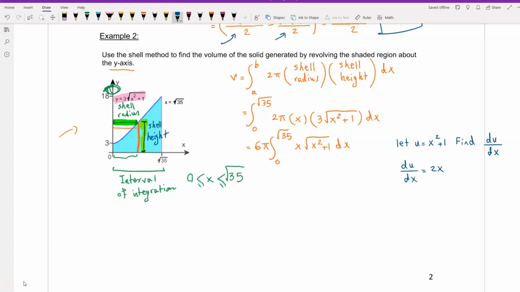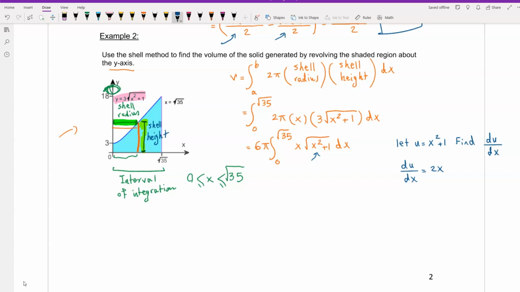Now, in this case, to find the integral, I'm going to use the substitution method. So let u equal x squared plus 1. And then finding du divided by dx, that is 2 times x. The next step, we have to find new limits of integration based on what we have here for u.